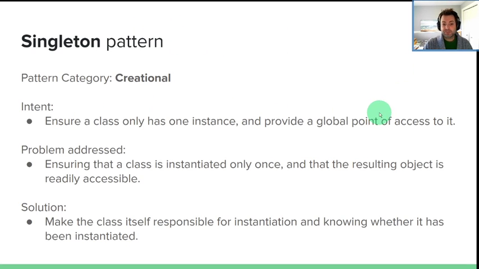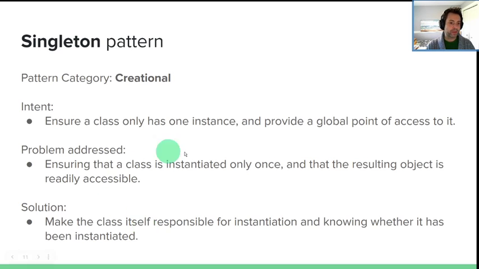Now, the intent of this is to provide a global point of access for it, and the point is to have one thing that we can reference in memory. So how do we implement this? Well, we're going to make the class responsible for instantiating itself, and the class is also responsible for knowing if it's already existing in memory or not.